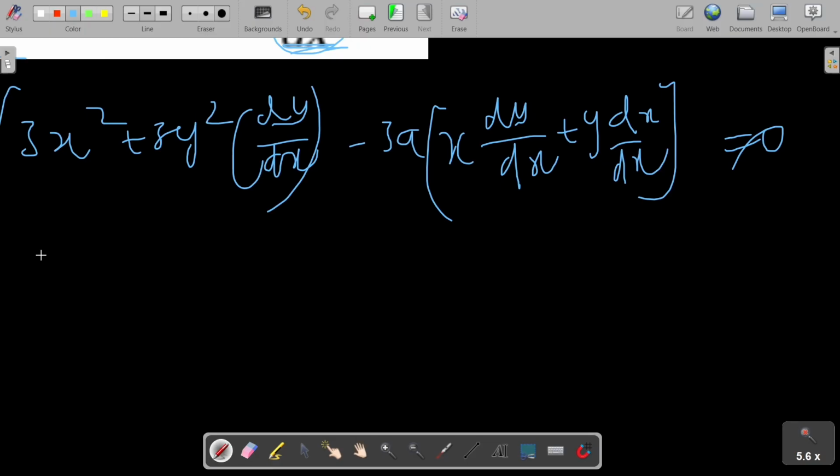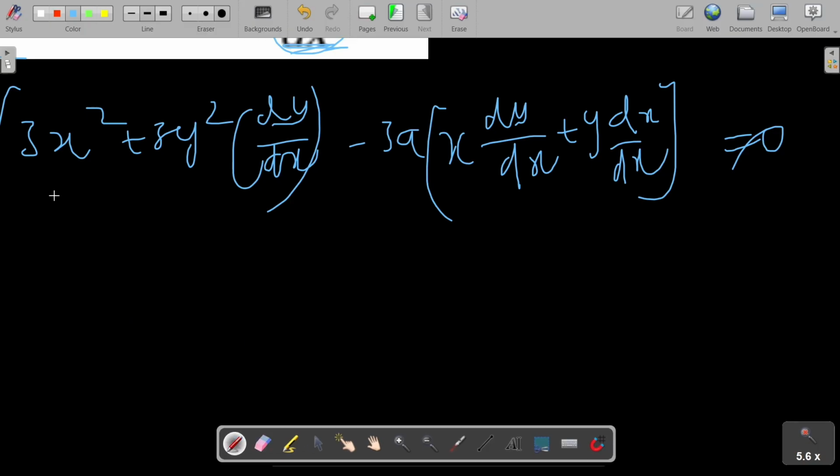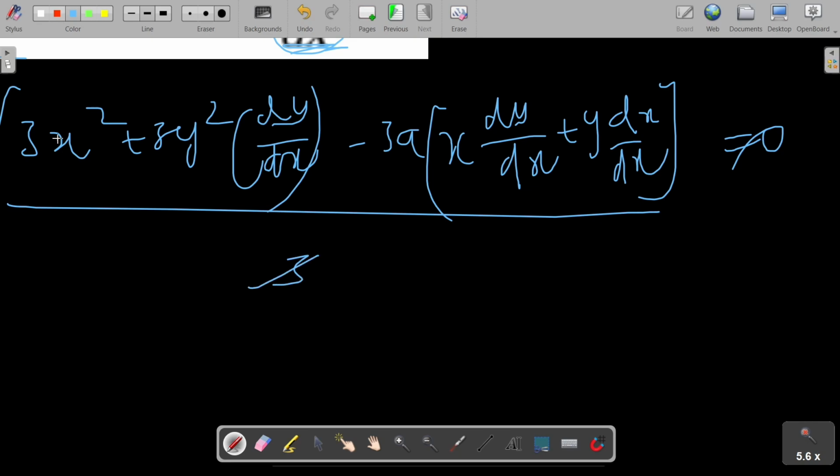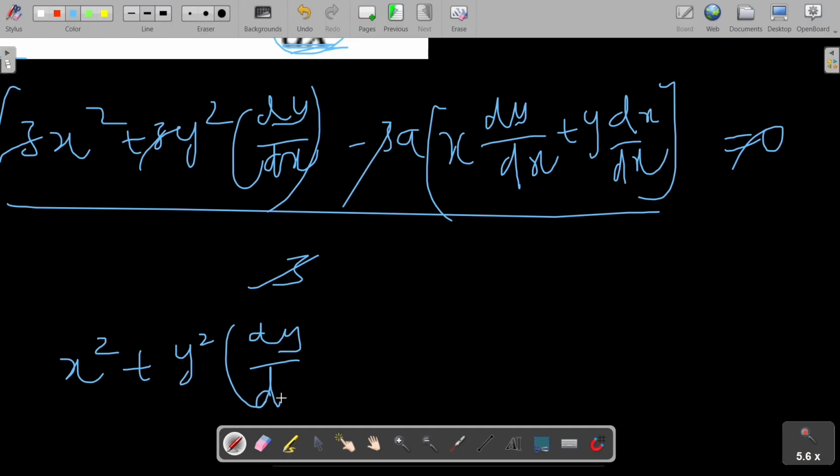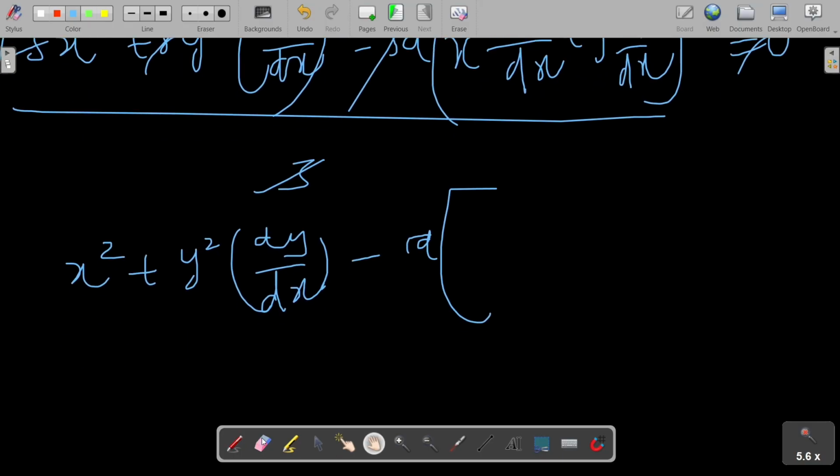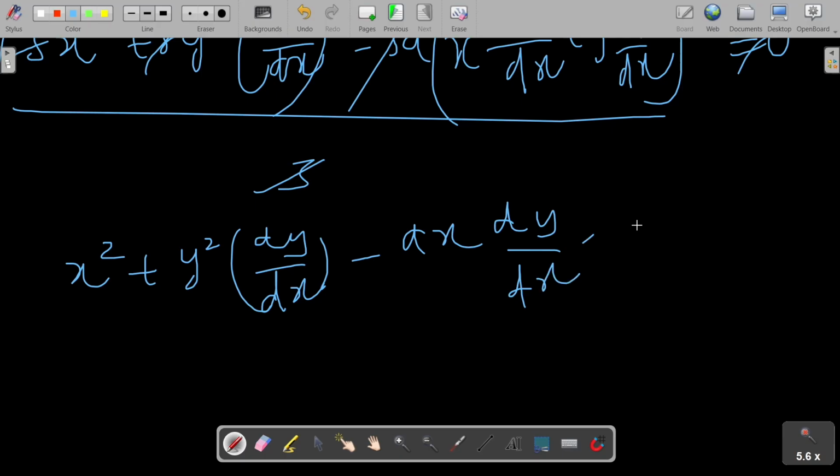I can divide both sides by 3, so the 3s get cancelled, and I am left with x squared plus y squared times dy over dx, minus a times, let's expand this, minus ax dy over dx minus ay is equal to 0.